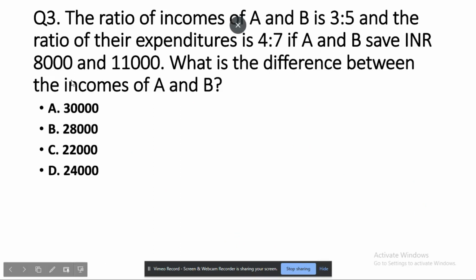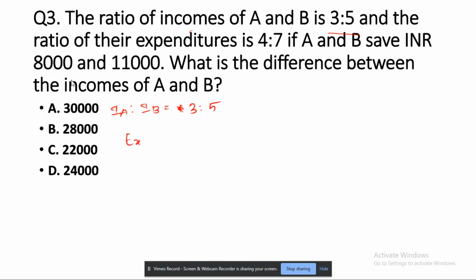The ratio of income of A and B is 3 is to 5. That is, we can write ratio income of A is to income of B is equal to 3 is to 5. And then the ratio of their expenditure is 4 is to 7.